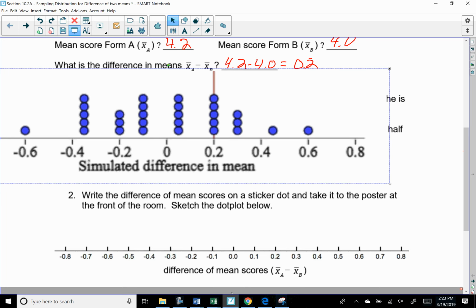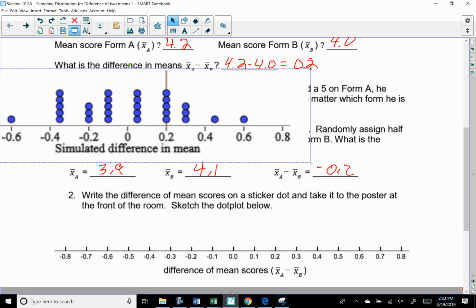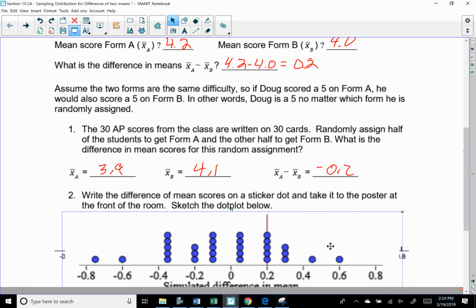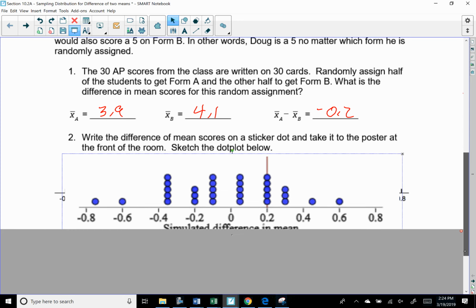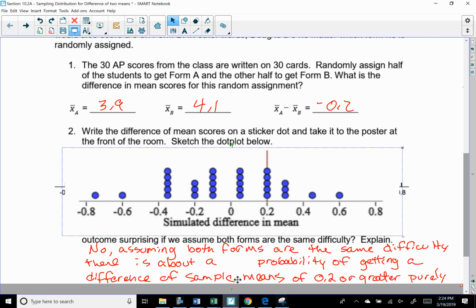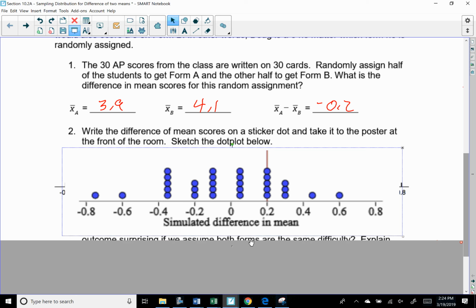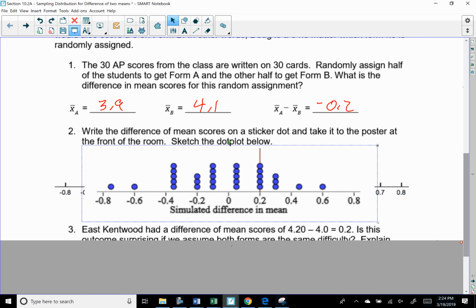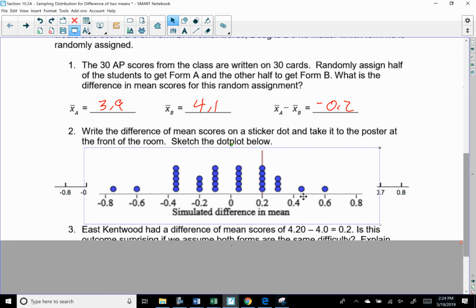And just like that, we were able to insert that simulation. Okay. Hopefully that's legible.